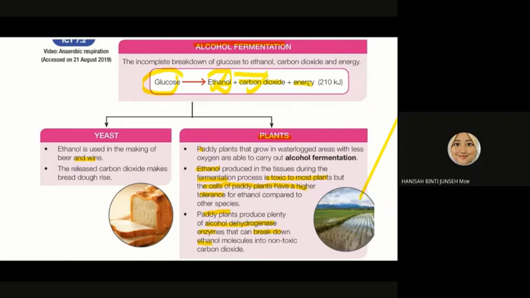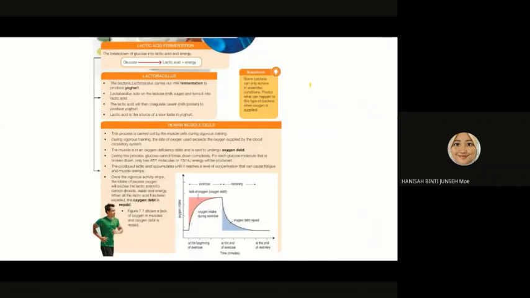Okay, so next one, the second fermentation is lactic acid fermentation. Remember the name. The name represents the product. So in lactic fermentation, what is the product? The product is, of course, lactic acid. This is much simpler compared to the previous one, the alcohol fermentation.